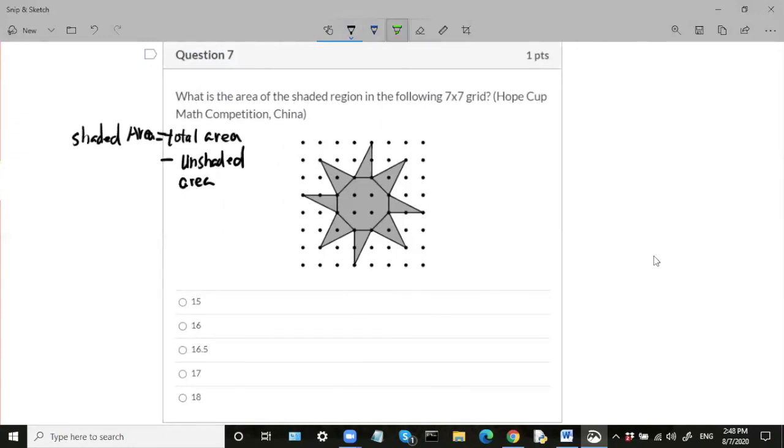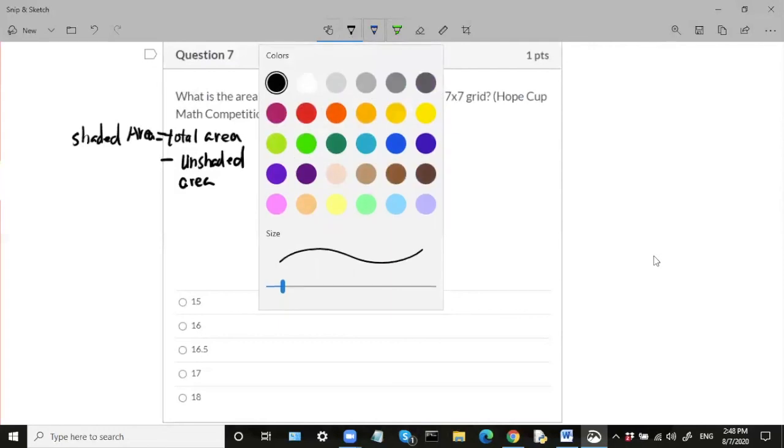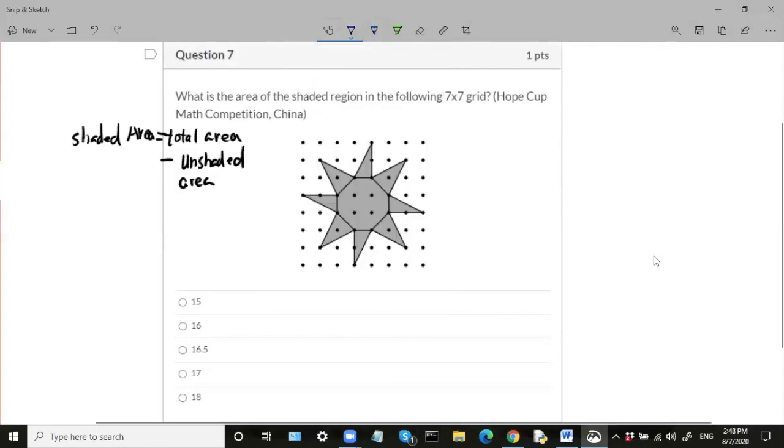When we look at the unshaded area, we have some triangles like this, and it is easy to know the area is 1. We just need to look at this rectangle here, and the rectangle has length 2 and width 1, so the rectangle area is 2, and this triangle is half of the rectangle, so it's 1.